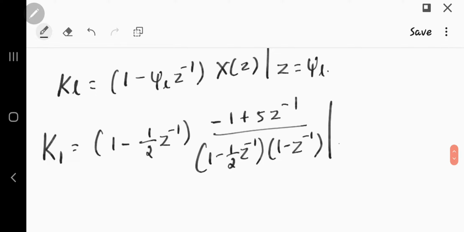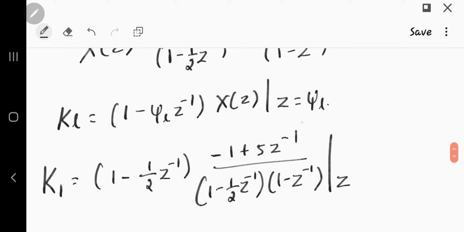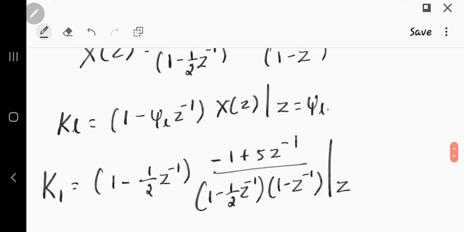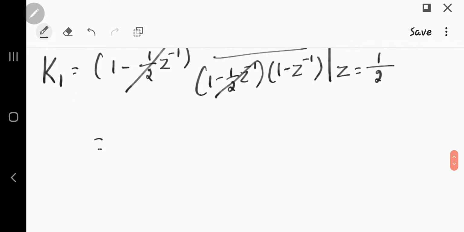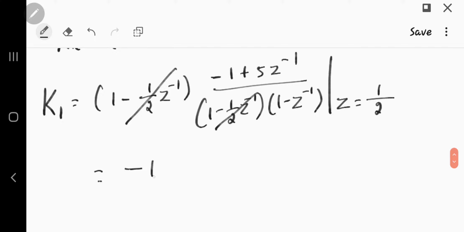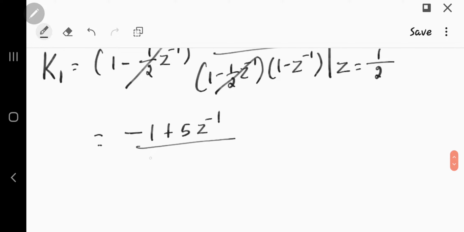Now what value will z take? z will take the value of psi l. Now psi l value, if you compare these two, is 1 by 2. So z will take that value. Now these two get cancelled, so you'll remain with minus 1 plus 5 z inverse divided by 1 minus z inverse.